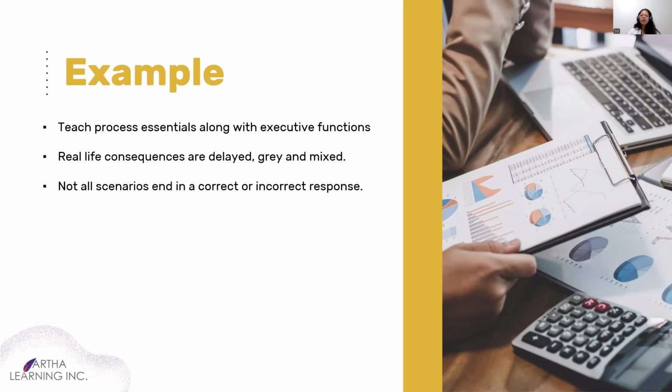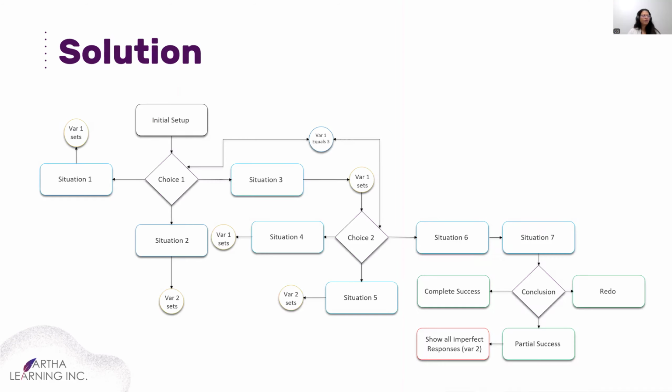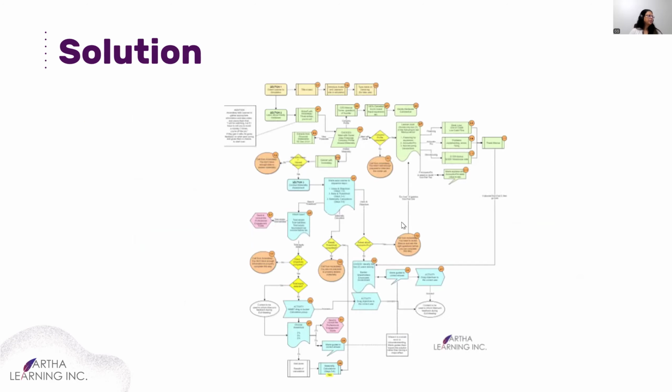So what we did, we told the whole experience through a story where the learner acts as the main character and they audit a firm. Now, we do that initial setup, and throughout you can see there is variable 1, variable 2, variable 3, and this is actually better shown here.